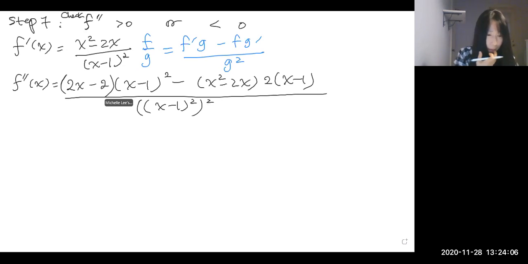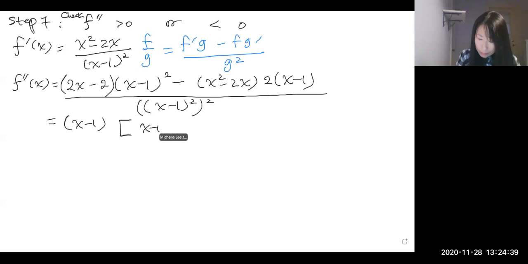Okay, how can I simplify this one? Let me see. Let us simplify this one. We cannot do anything. How about we factor out x minus 1? Okay, so we factor out x minus 1.